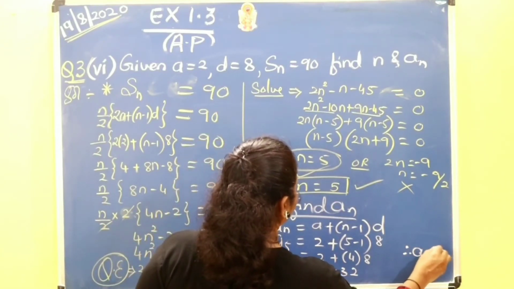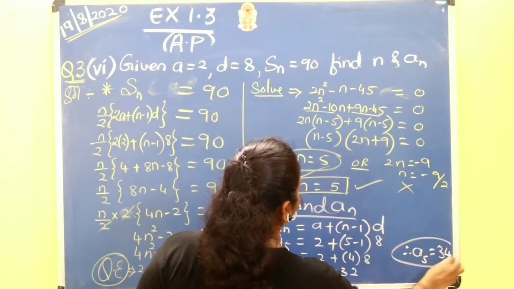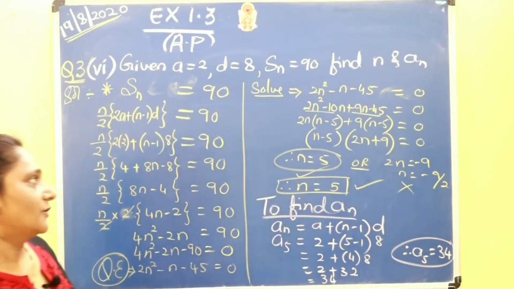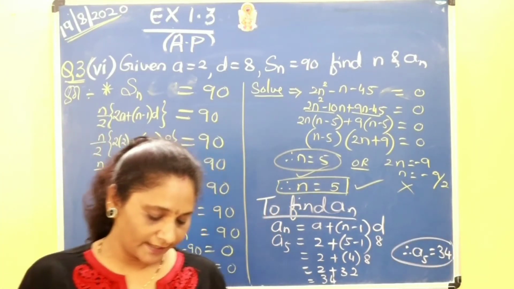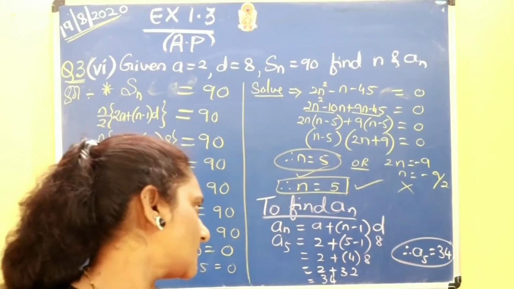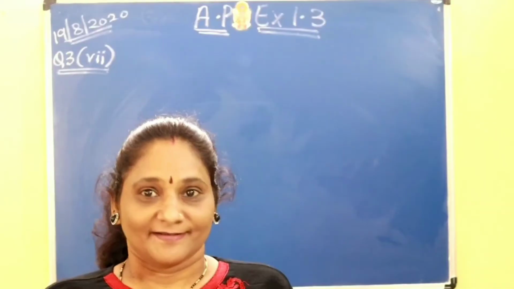Therefore, a5 is equal to 34. So you have got n, you have got an, that is a5 is equal to 34.